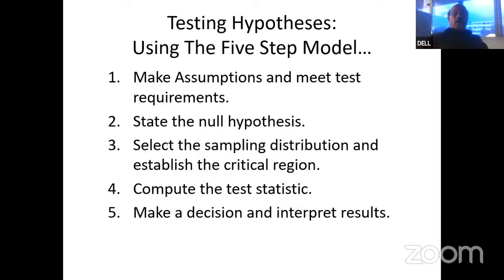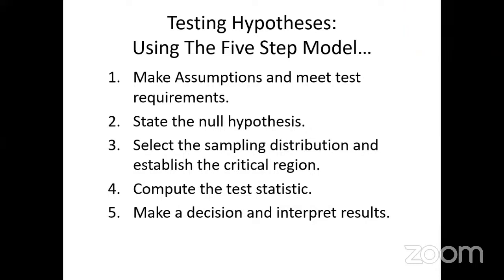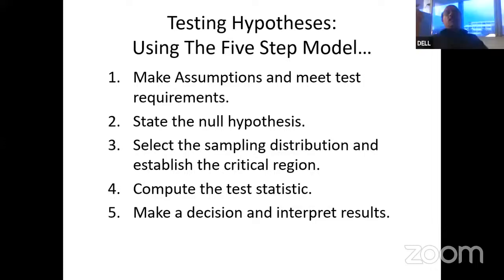The third one is selecting the sampling distribution and establishing the critical region. Sampling distribution is nothing but the distribution of whatever sample related characteristic is studied. That may be the sample mean, called the sampling distribution of mean, or the sampling distribution of standard deviation.